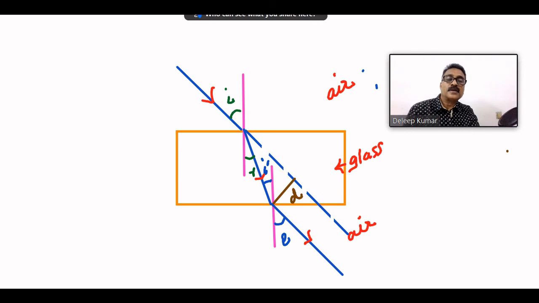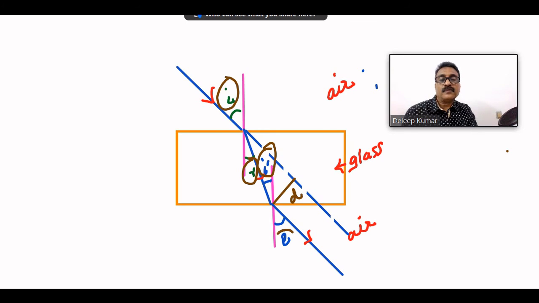So this is the ray diagram for a light ray passing through a glass slab. Clear? So what are the things you must remember? The angle here is one angle, that's the angle of incidence. This is the angle of refraction. Here is the angle of incidence again inside the glass.